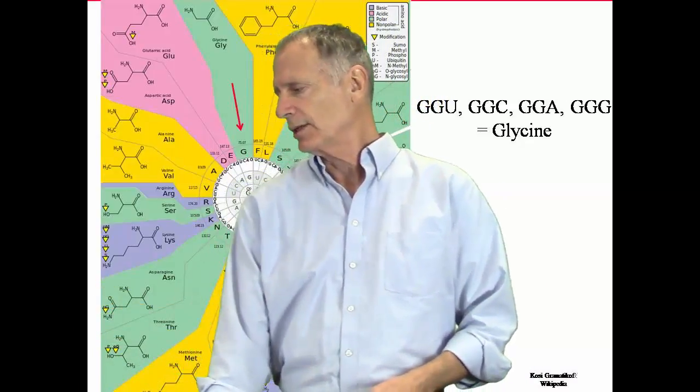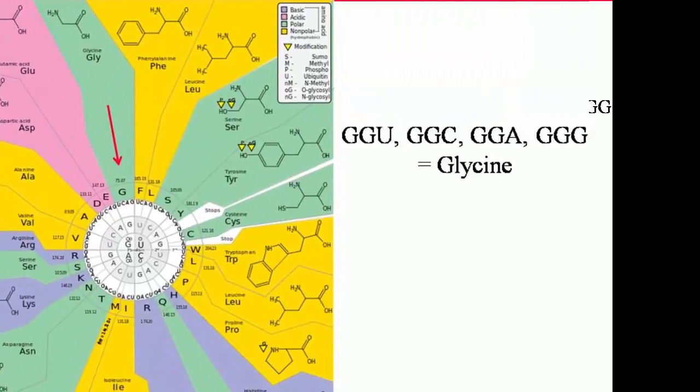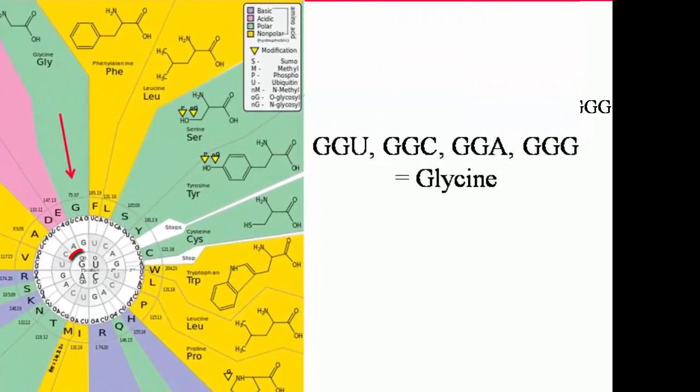Now, in this diagram, this is called a lookup table, and just to show you here, we're dealing with glycine. So you start out in the middle of the circle there, and you'll see G, and then the next one out is G, and then you have four letters there. They're GGU, GGC, GGA, and GGG.